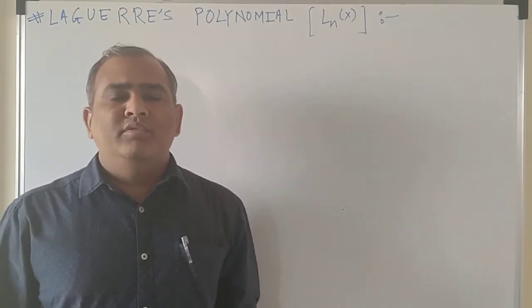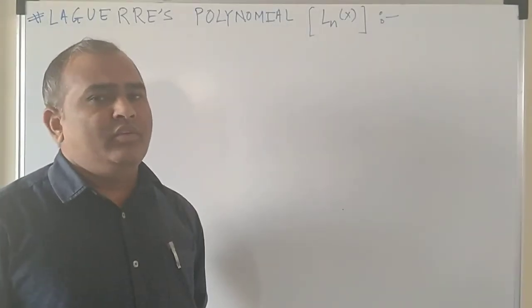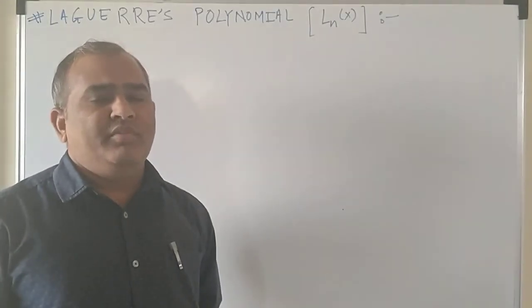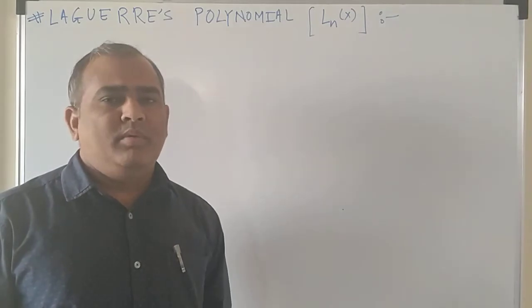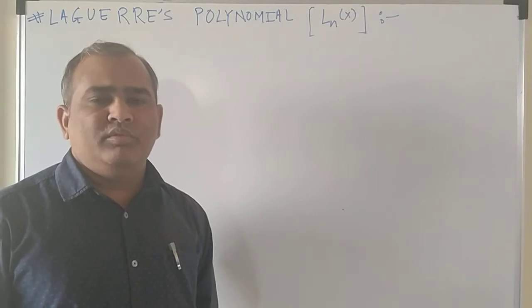Now in today's video we are going to study the next kind of polynomial, that is the Laguerre polynomial. Before this we have studied the Hermite polynomial and Legendre polynomial. On the same line we are going to proceed.